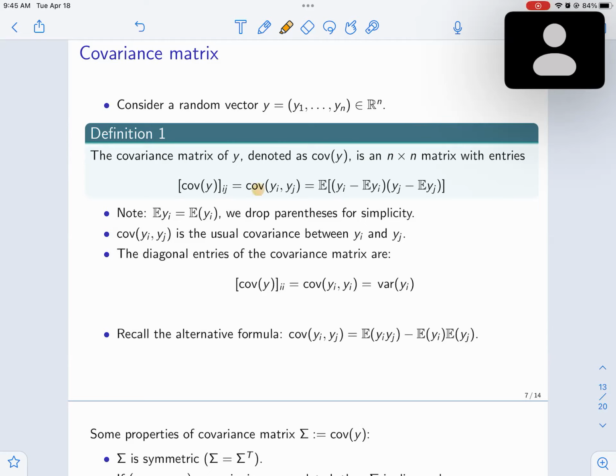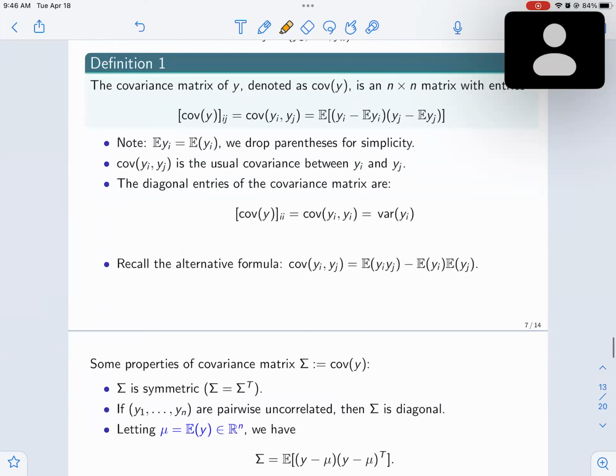The ij entry is the covariance of yi, yj. This is the expansion of the covariance, just the definition. So there's an alternative expression for the covariance. You've seen it. This is the alternative expression. And these statements would translate into corresponding matrix expressions.